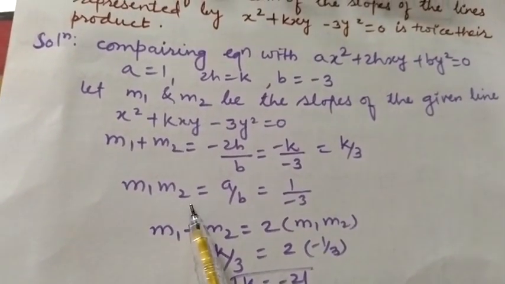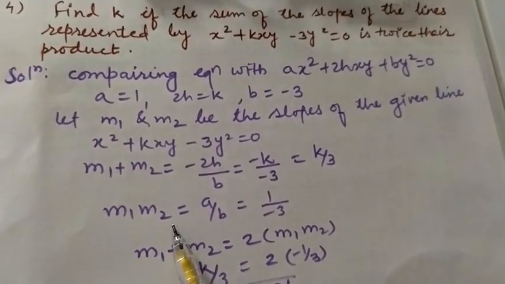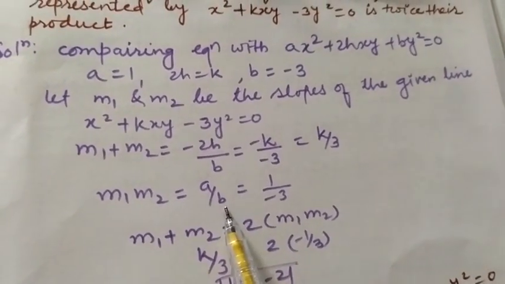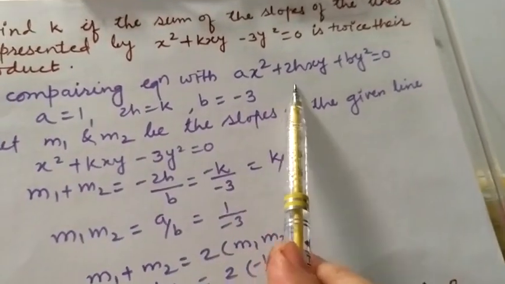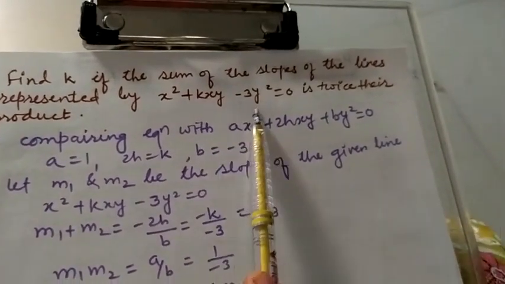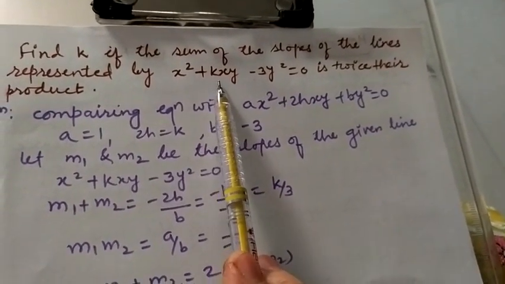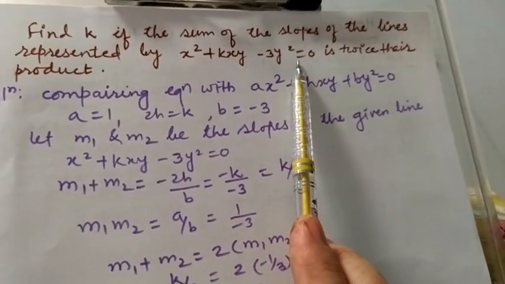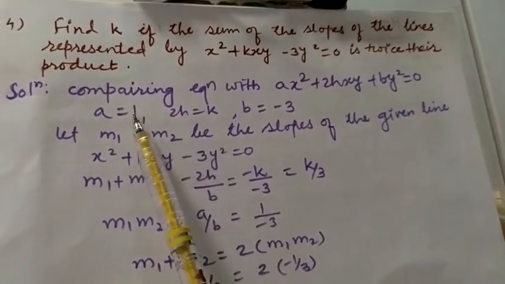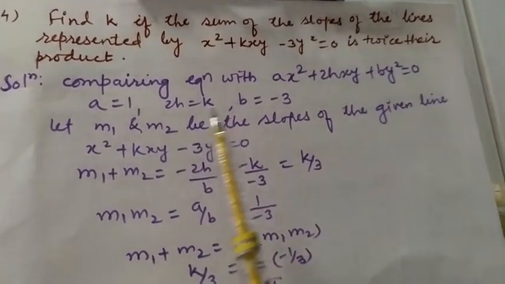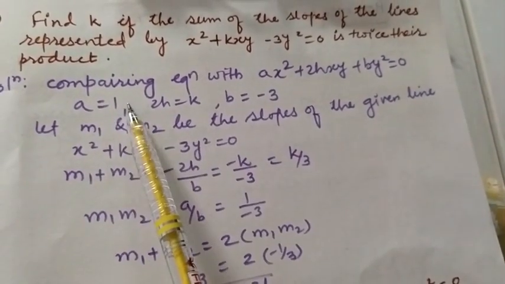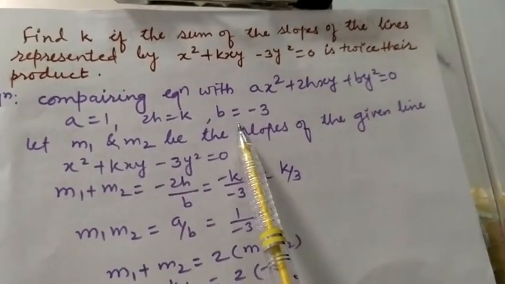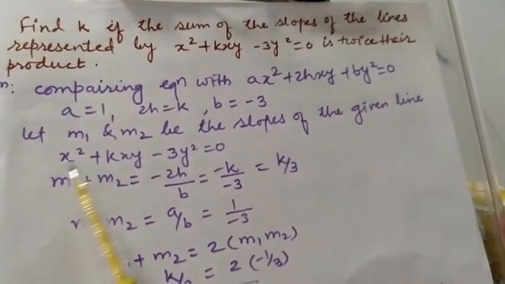And the product, m1 × m2, is equal to a/b. As we know, the equation is in the form ax² + 2hxy + by² = 0. Comparing, we get a = 1, 2h = k, and b = −3.